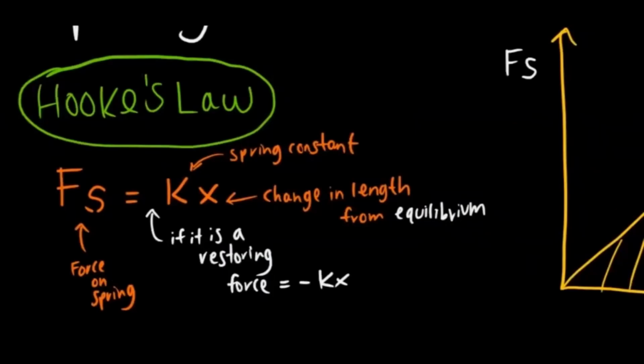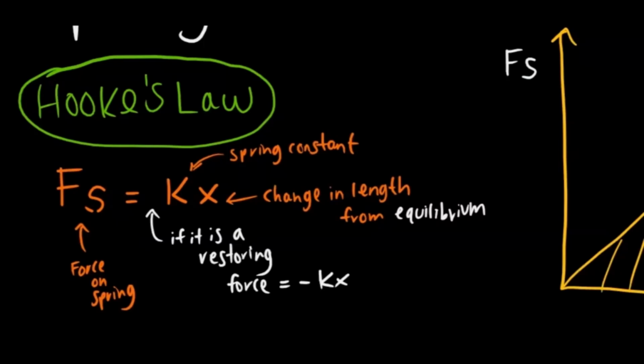So Hooke's law states that the force on the spring is equivalent to the spring constant, which is a constant and is just a measure of how strong the spring is, times the change in length from the equilibrium position. So that is when it's not stretched. Something to note here is that when it's oscillating, if it's the restoring force, it's going to be negative kx instead of just kx.